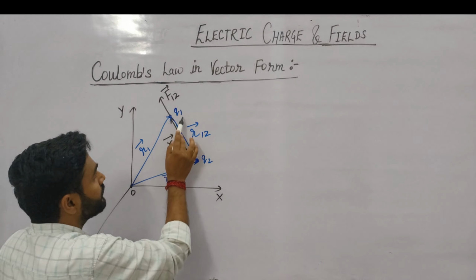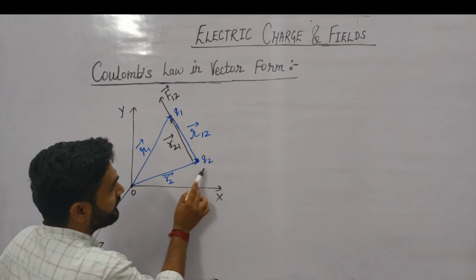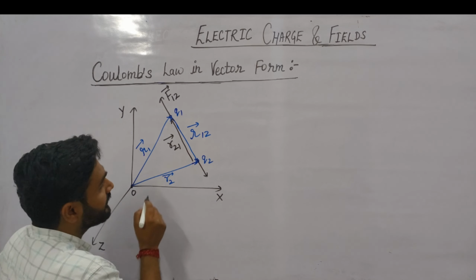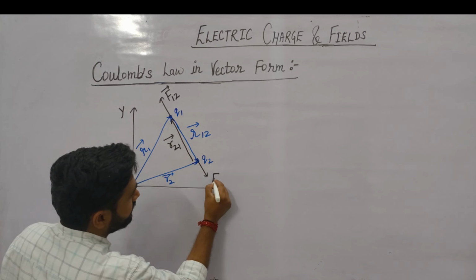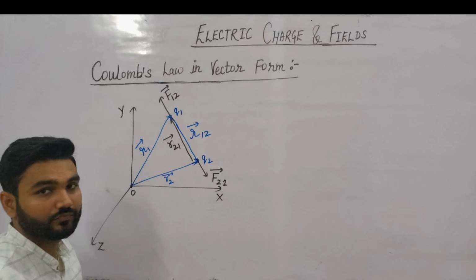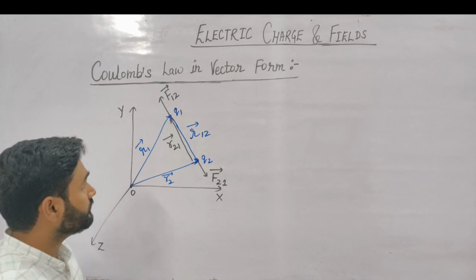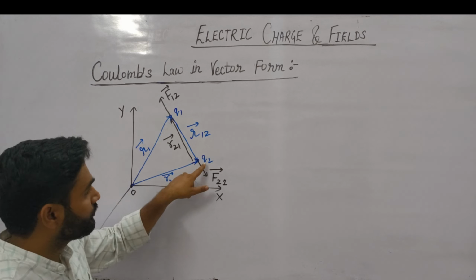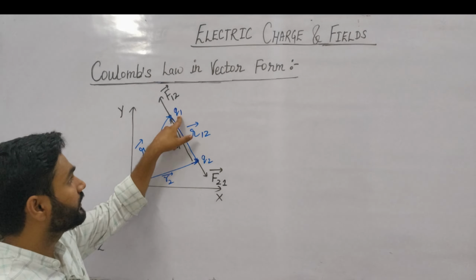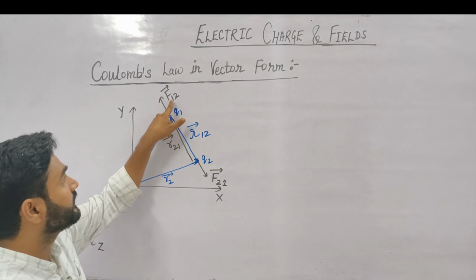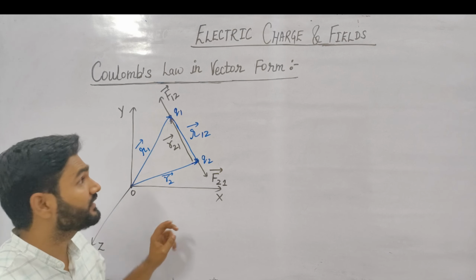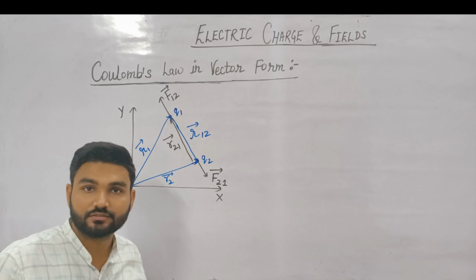Similarly, if q1 applies a force on q2, then this is also a force of repulsion and it will be F21 vector. Got it? Force on q2 is F21 and force on q1 due to q2 is F12. Both have the same magnitude, that is why they repel each other.